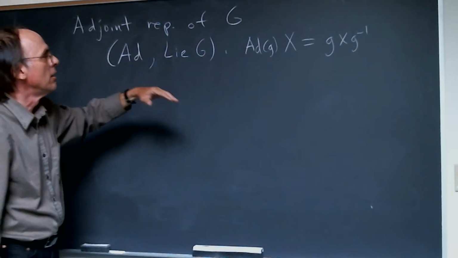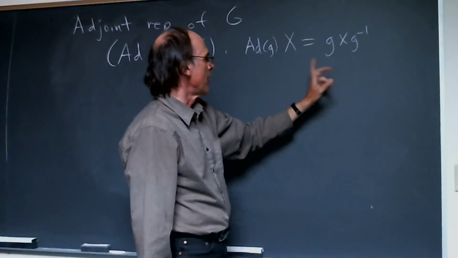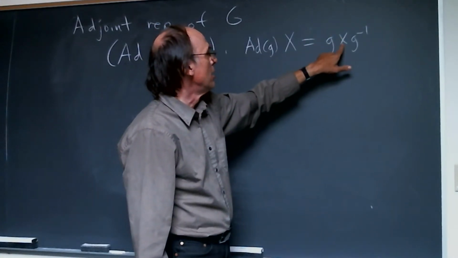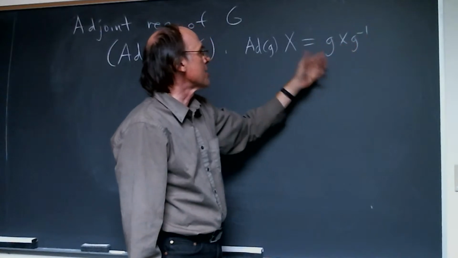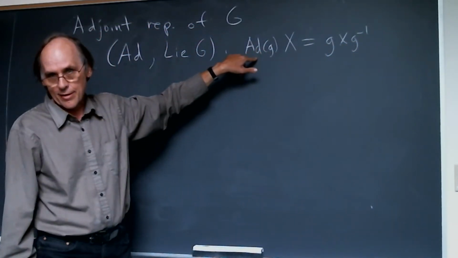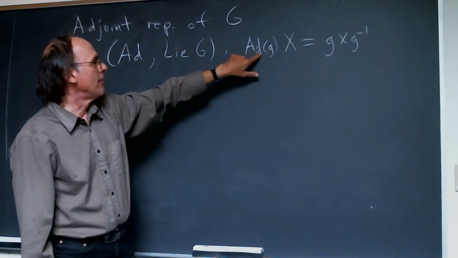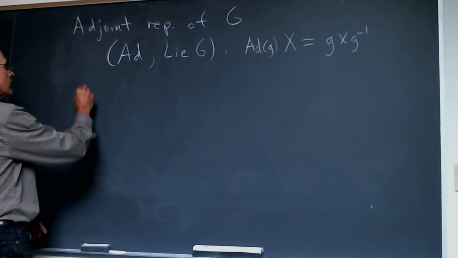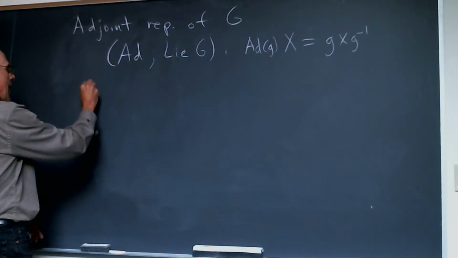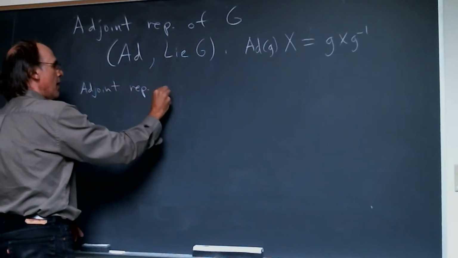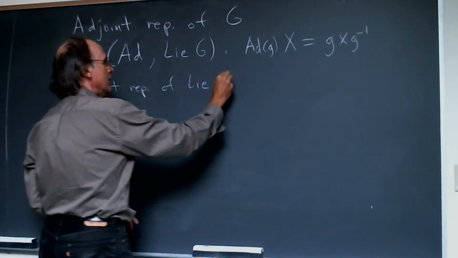Now, if you use that formula that I was claiming is so interesting, e to the tX Y e to the minus tX, and you differentiate it, that gives you the derivative of this guy, and then you get the adjoint representation of the Lie algebra.